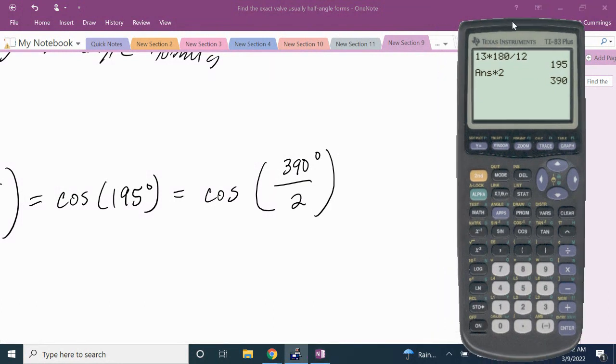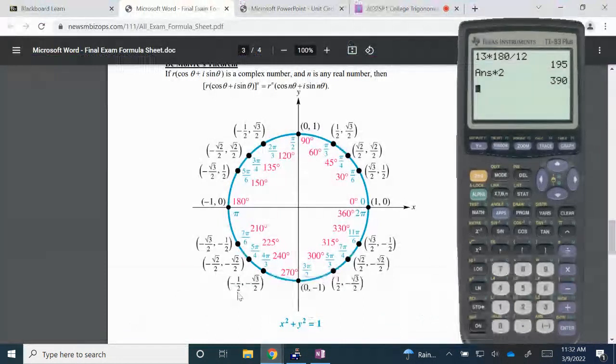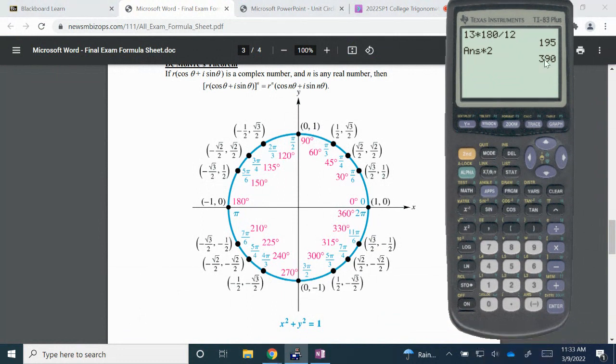Right. So you also notice that 390 degrees, if I go back to the unit circle, is not actually in the unit circle. However, I could find its coterminal sister that would put it in the unit circle. What I mean by that is if I have 390 degrees, I'm going to subtract 360.